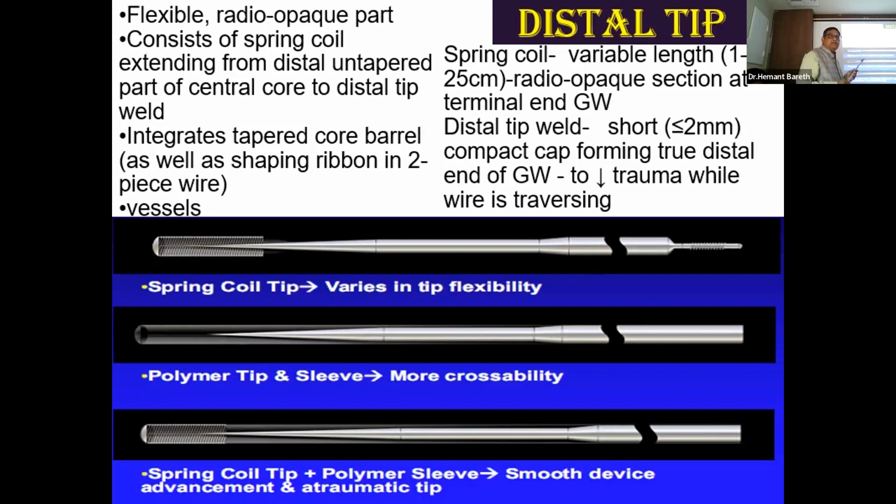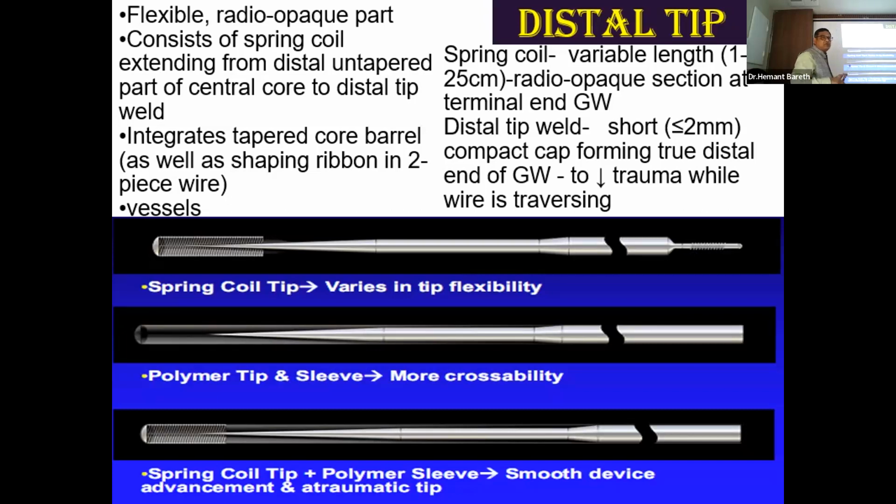Any ideas? Rather than spring coil, if you have a polymer coated wire, where could it be more useful? CTOs, yes, but more importantly, acute total occlusions. Because there it will give more flexibility, it will track micro channels which are there, and it will pick up micro channels very easily. So where you want to pick up micro channels, you can then use this polymer wire.